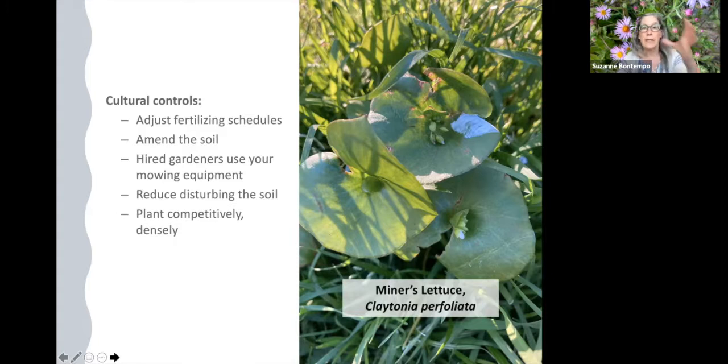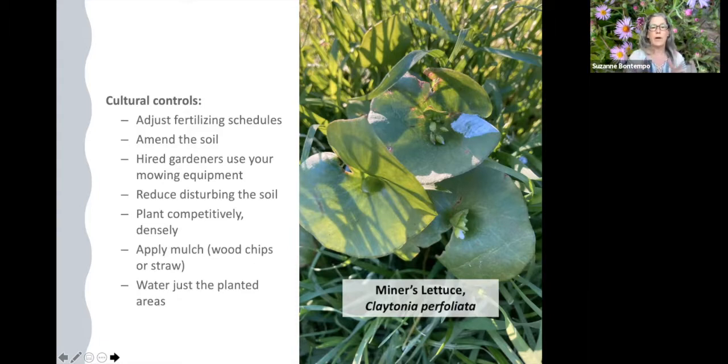We're going to plant competitively and densely to reduce weeds. And we're going to apply mulch to protect the soil. And we're going to water just the planted areas, not the areas where we don't see plants. So already right there, by employing these techniques, we're reducing weeds.